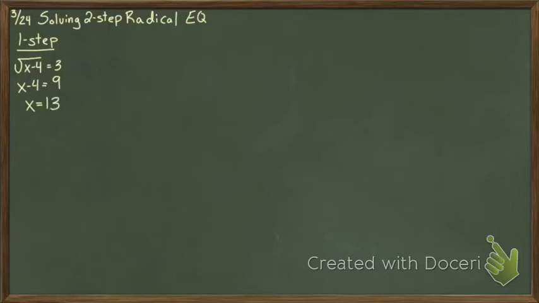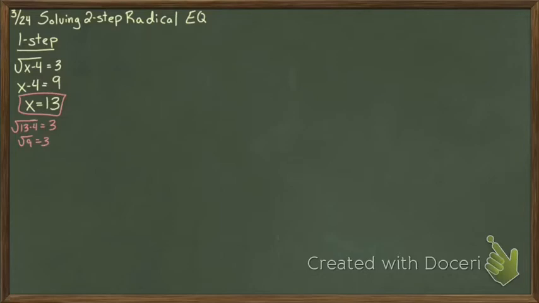So I get x equals 13. And then I could put that in for x to make sure that solution works. So that's going to give me the square root of 9, which is 3. Okay, so that tells me that x equals 13. That is going to work for this.